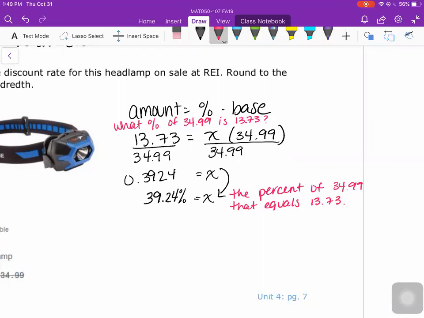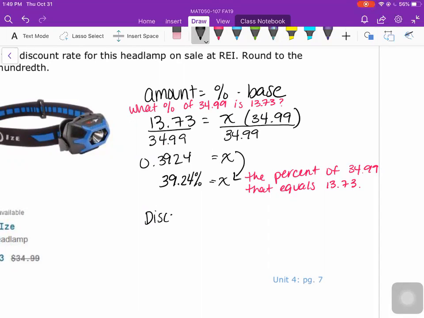Okay, so Kalika, can you say what you just said out loud? We found the percent of what we paid. Yes, that's what it says. We found the percent of what we paid, not the percent of what we saved. So how do we figure out the percent that we saved?